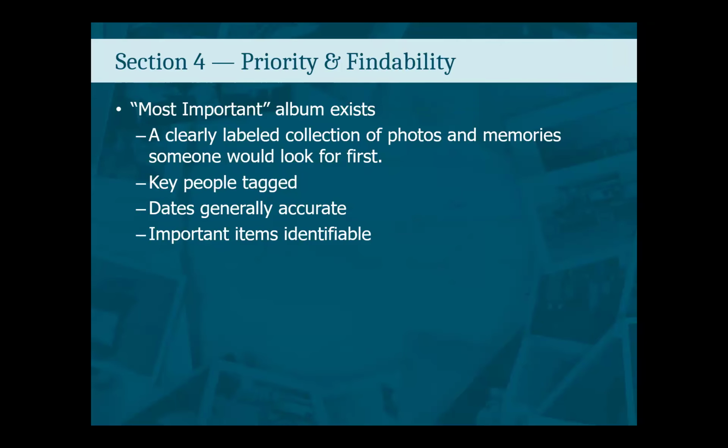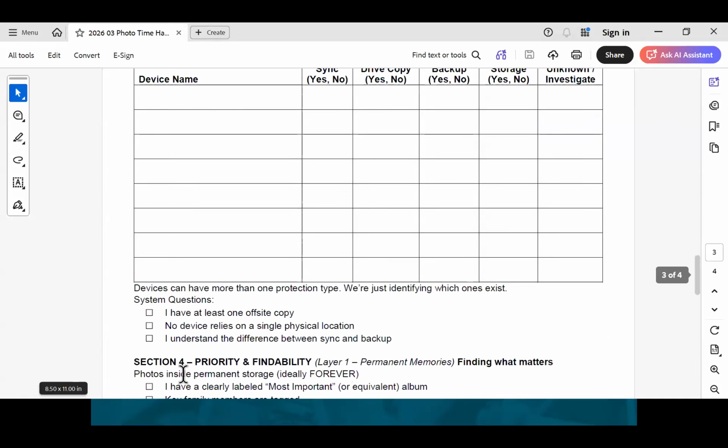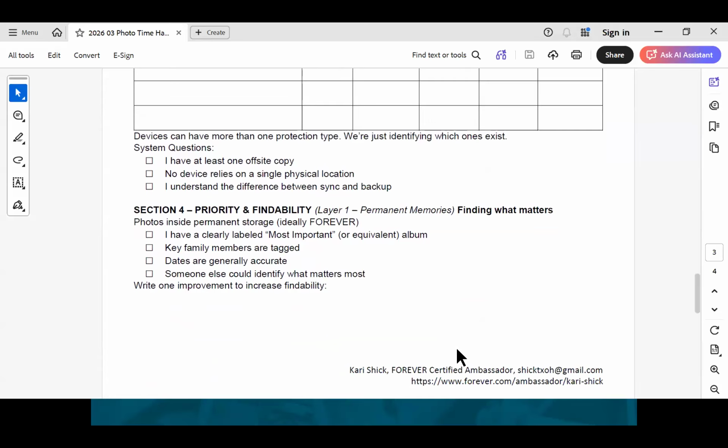Because for most of us who are here live tonight, and anybody who's going to watch the recording, this is something that's important to all of us. So I have a section in here about what your priority is and what the findability of your things is. Inside your permanent storage, and for most of us here tonight I'm thinking about forever, do I have something like the most important album, or a start here, or this is the information you need to know?